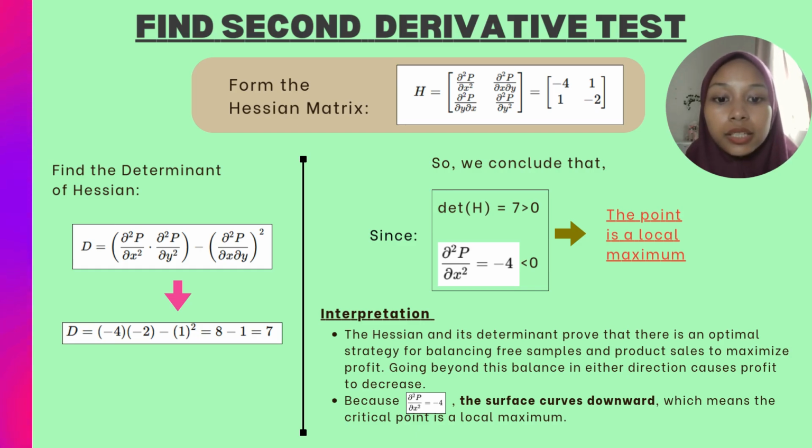So the Hessian and its determinant prove that there is an optimal strategy for balancing free samples and product sales to maximize profits. Going beyond this balance in either direction causes profit to decrease. Because the second derivative with respect to x is negative 4, the surface curves downward.